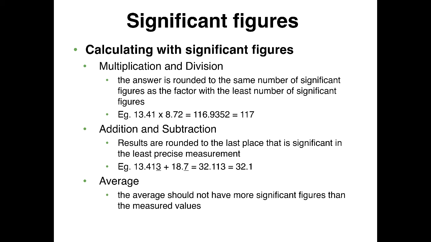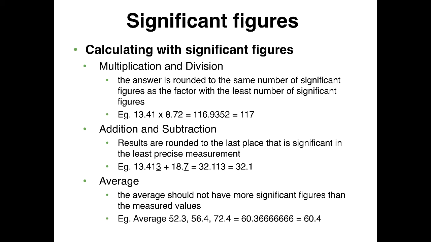How about an average? When you take an average, the average of any particular set of numbers should not have more significant figures than the least precise of the measured values. So if you're taking the average of these numbers, in this case, all 3 of these have the same number of significant figures.